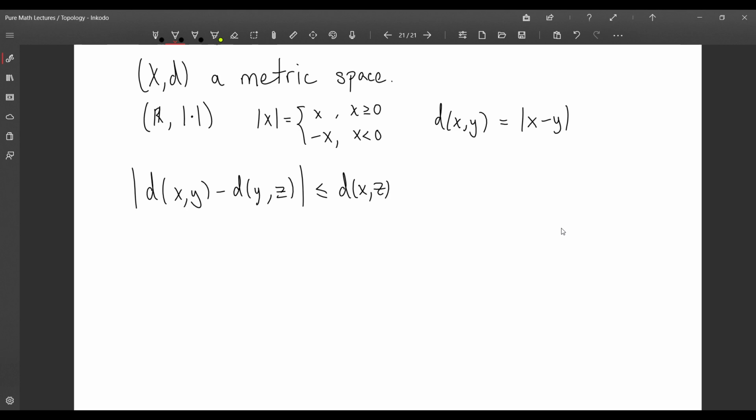So it's like the triangle inequality where you have this intermediate point y, but here you're subtracting and you get something on the left-hand side.